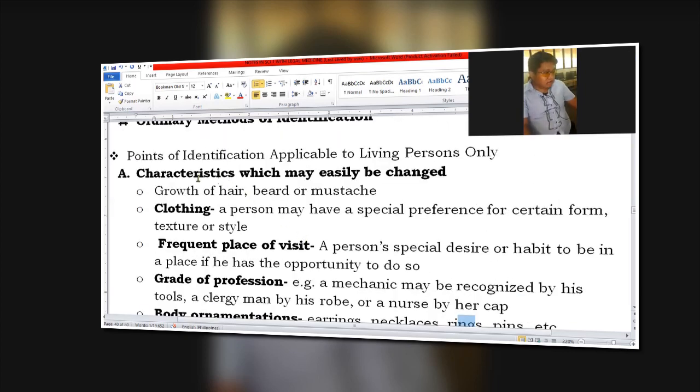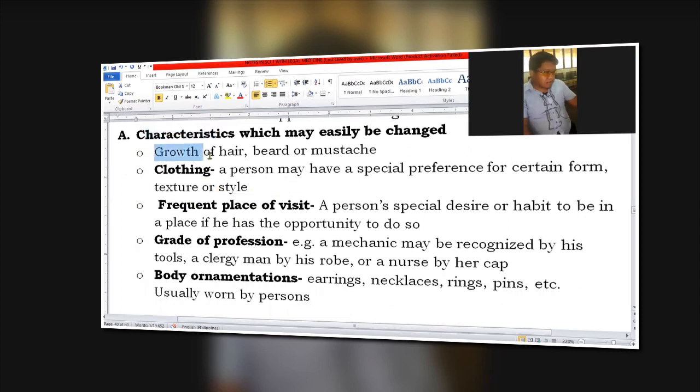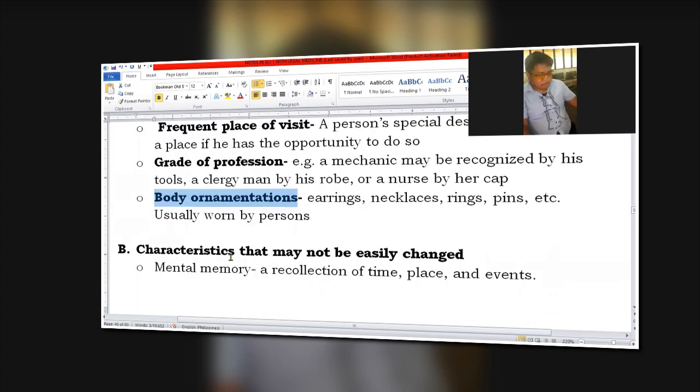So these are the characteristics you can use to start your case as far as the identification of the suspect or victim. So when we are identifying not only the suspect but the victim, okay? By virtue of his hair, his clothing, frequent place of visit, grade of profession, and body ornamentations.